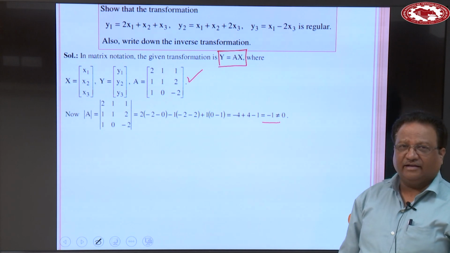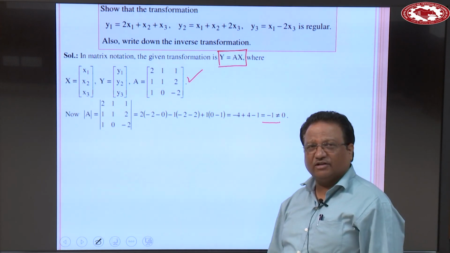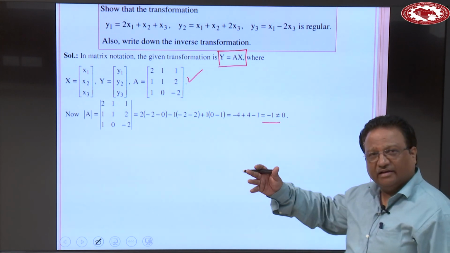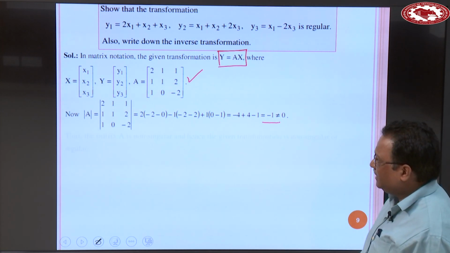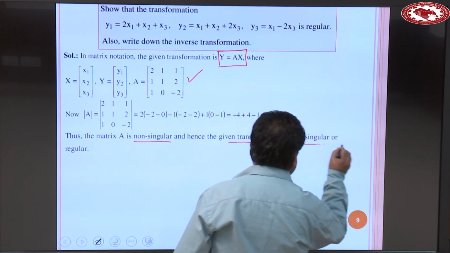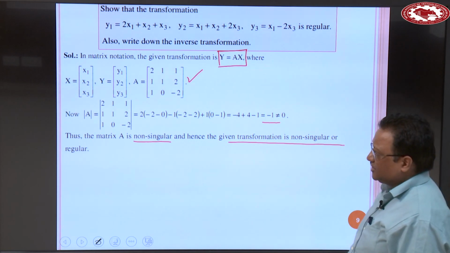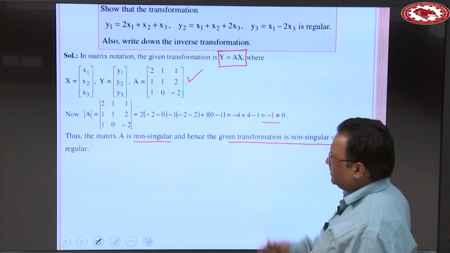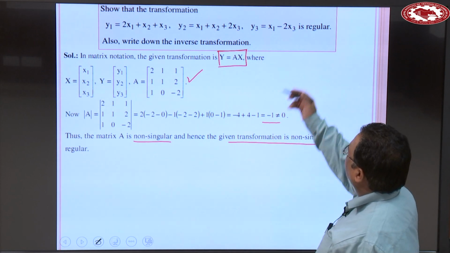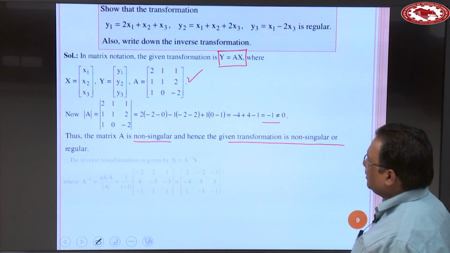This transformation is known as regular, because for a non-singular matrix we have regular transformations. So, the matrix A is non-singular and hence the given transformation is a regular transformation. This is the method for evaluating whether this type of transformation is regular or not.